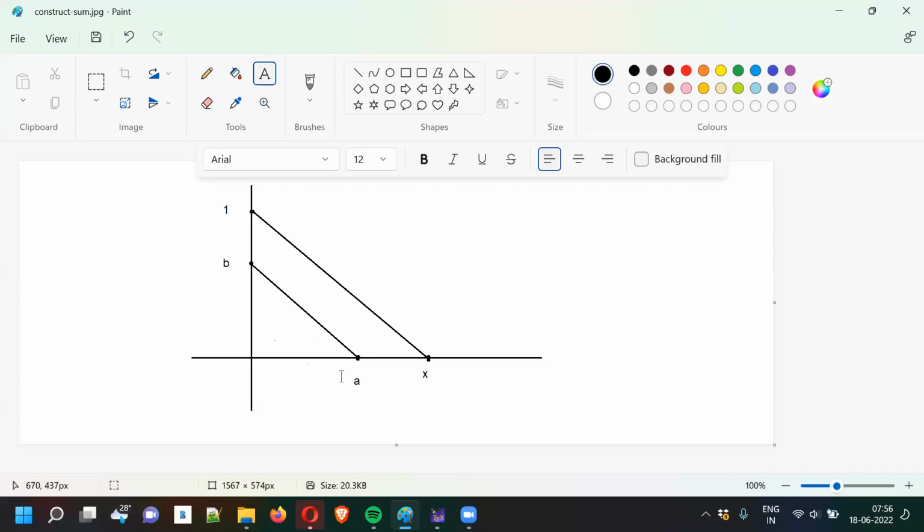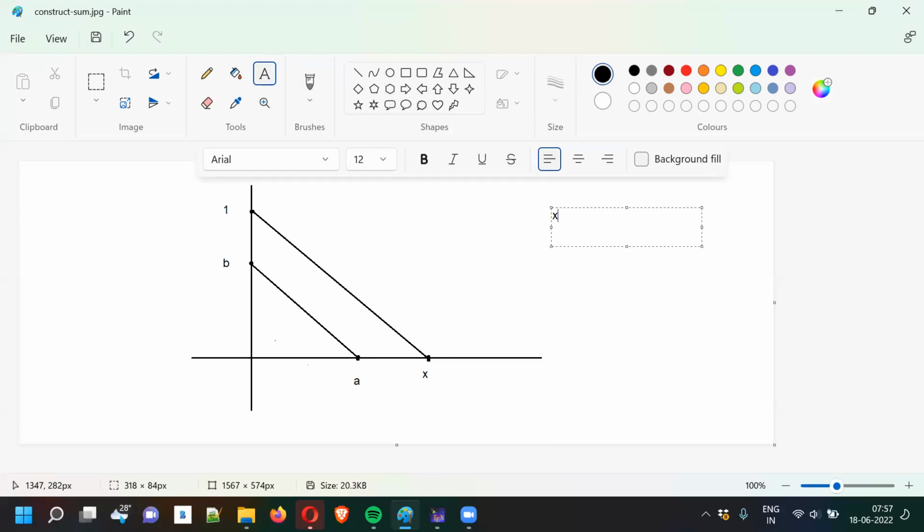So I can compare. Oh, I think I gave you the construction of division. Anyways, that's okay. So this is probably a division. Never mind. So by similarity, I can compare the two sides separately, the larger triangle to the smaller triangle.